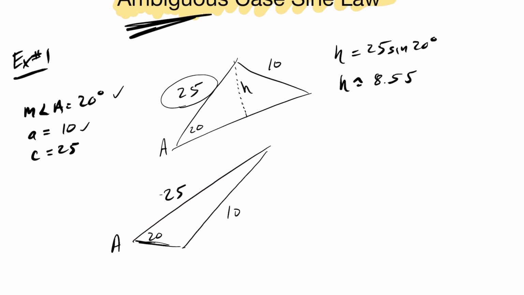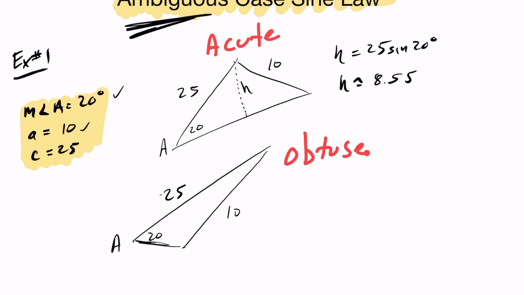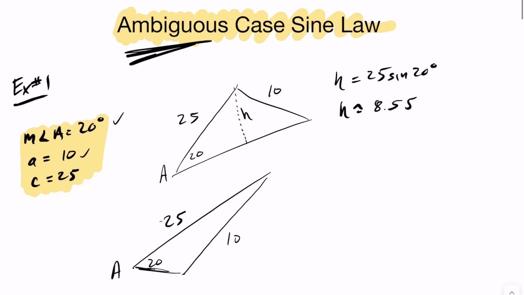So in this example, this is an ambiguous case in that for these given measurements and lengths, given the side-side-angle, I can either have an acute triangle that they intend me to draw, or perhaps I have an obtuse triangle that I need to be drawing. So both of these are possible. In this case, it creates two different options for a triangle.